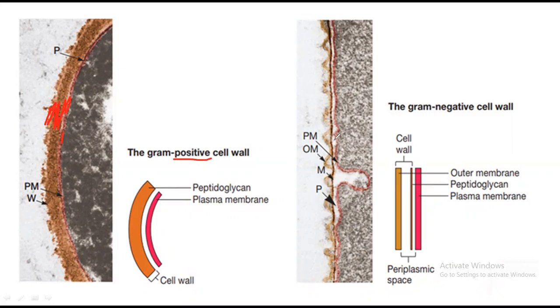And if we look at the gram-negative bacteria, this is the outer membrane. After that, this dark color is the peptidoglycan layer. After that is the periplasmic space, and the last one is the plasma membrane. So keep this microscopic view in your mind.